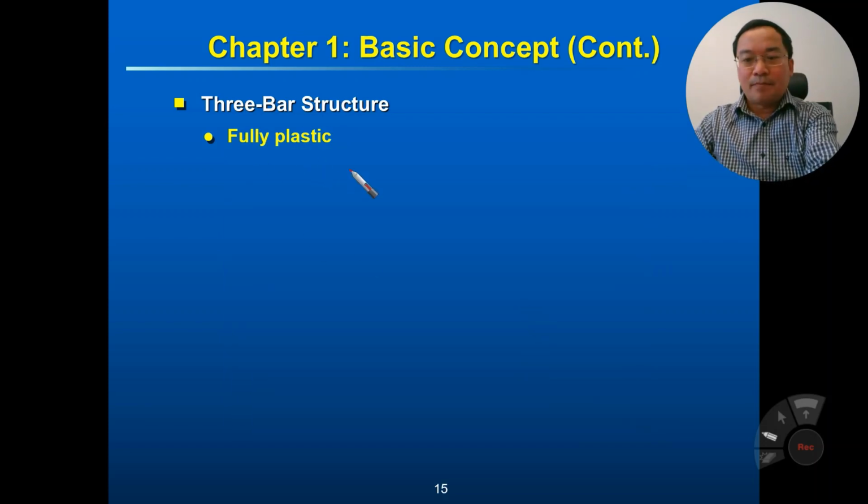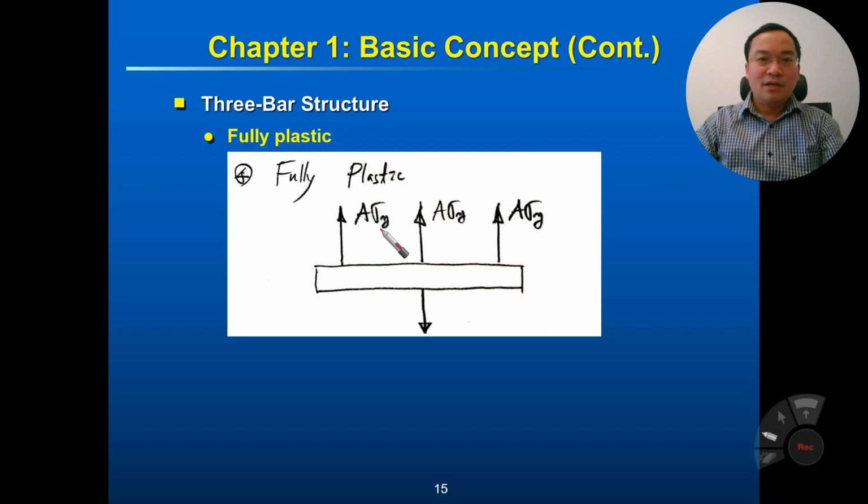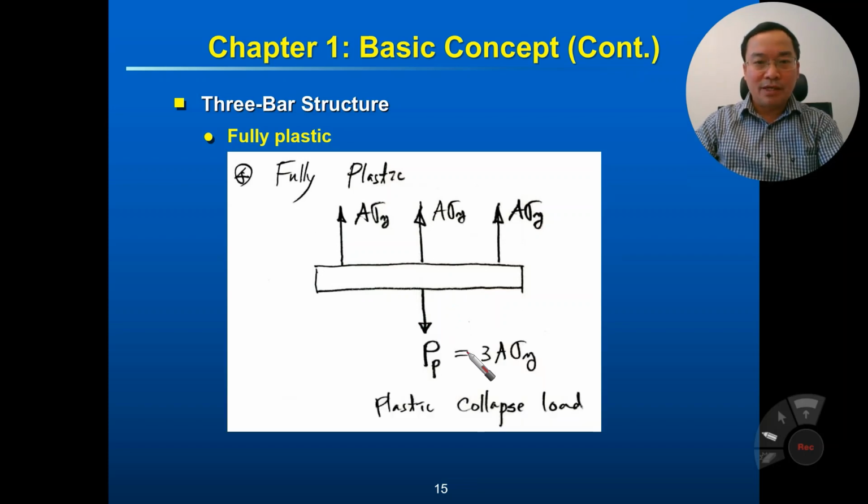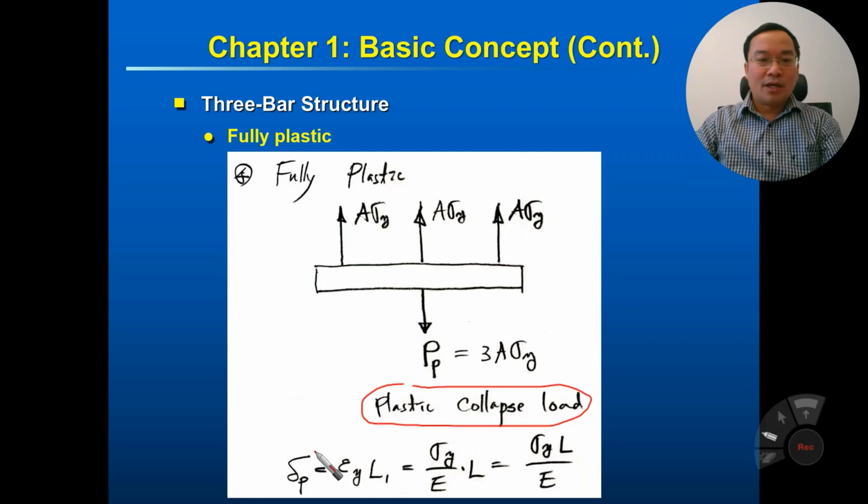Fully plastic phase: all of the bars are fully plastic, so we have sigma Y, sigma Y, sigma Y. Then what is P? Pp equals 3 times A sigma Y. That is the fully plastic collapse load. Then what is the deflection? Deflection delta P equals epsilon Y L, or equal to this one. So we have force and deflection.